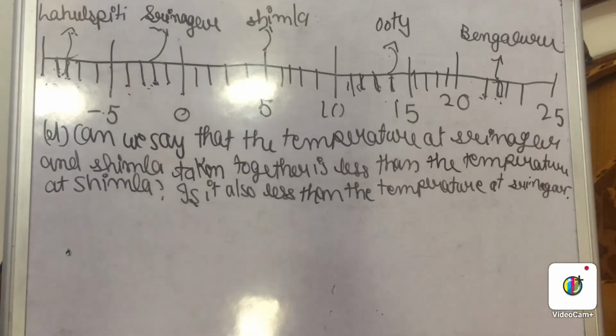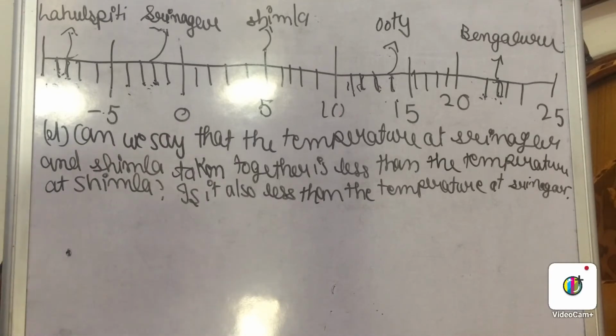Now firstly you have to understand the last part of this question, which is: can we say that the temperature at Srinagar and Shimla taken together is less than the temperature at Shimla? Is it also less than the temperature at Srinagar? You have to understand this statement carefully.